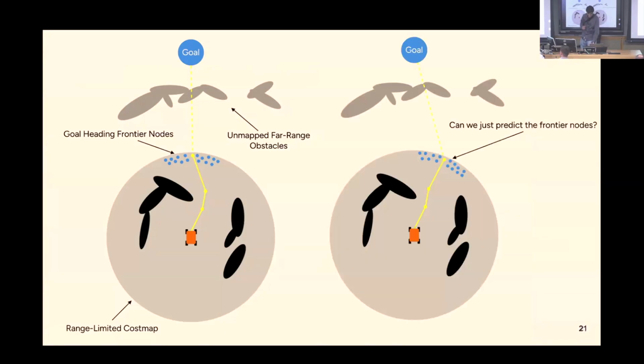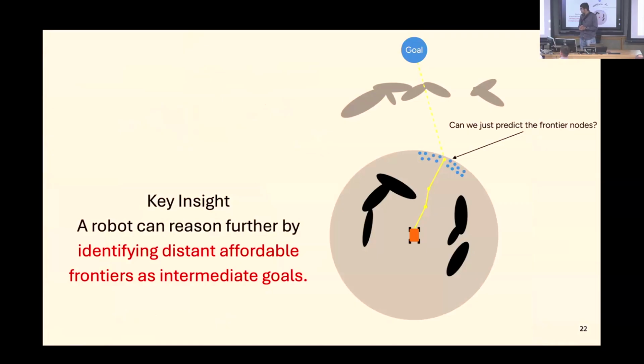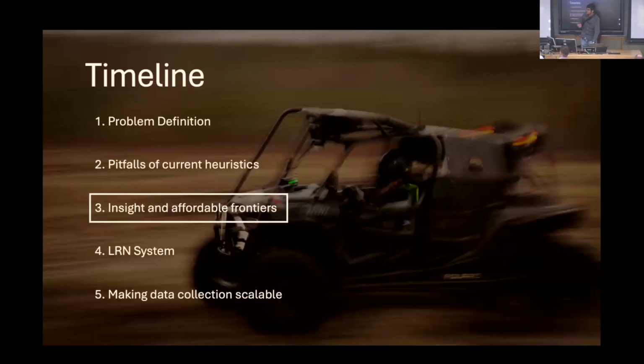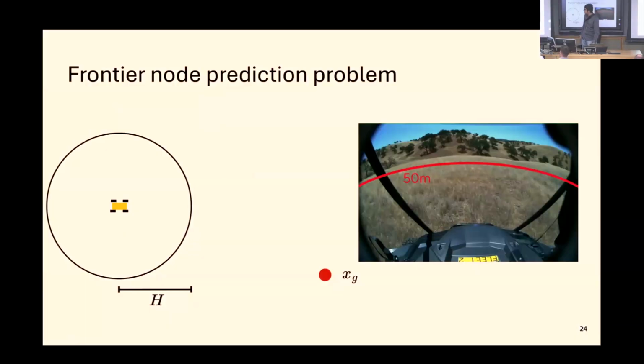So the question is, can we just use that visual information to predict better frontier directions for this long-range navigation problem? That's basically our key insight, that the robot can reason further by identifying distant, affordable frontiers as intermediate goals.